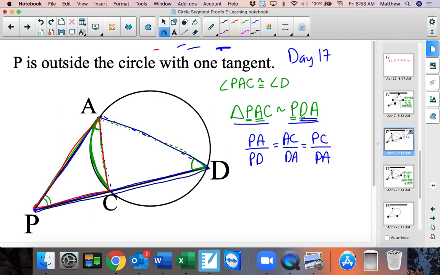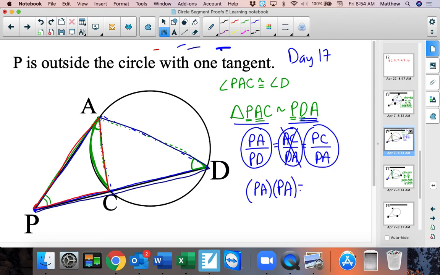I don't really care about those. Remember, those weren't my original segments. What I do care about is this ratio and this ratio. So if I cross multiply, I have PA times PA equals PD times PC. So it's really this tangent line times itself equals PC times PD.